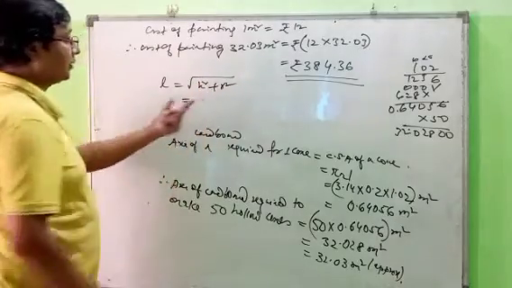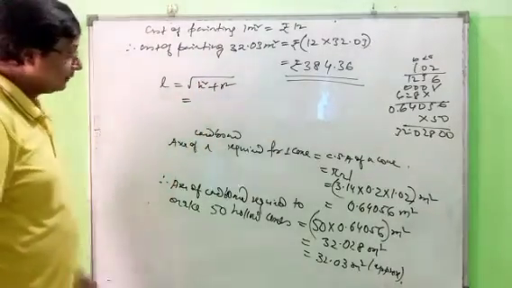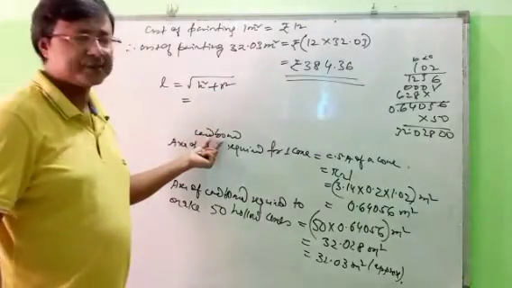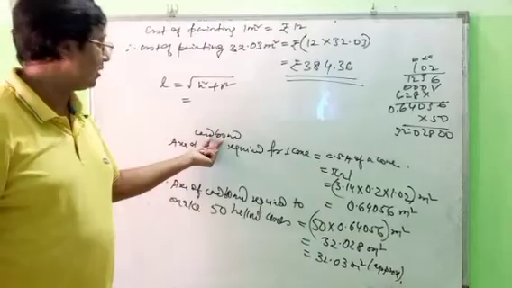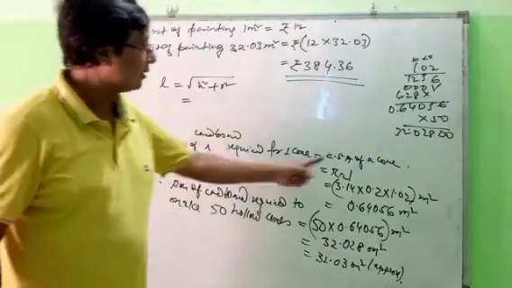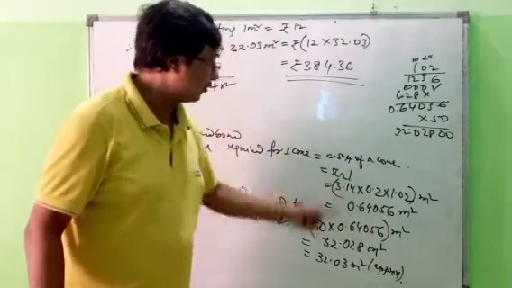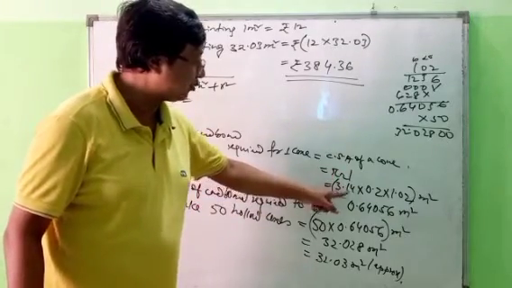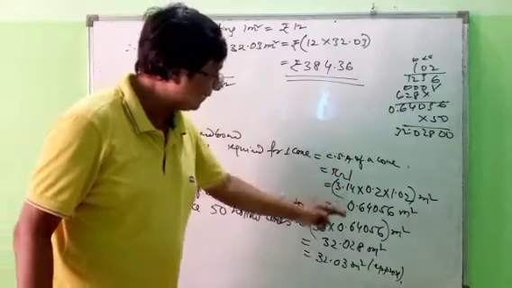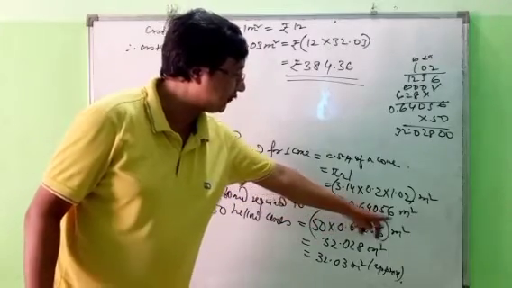Then since the cardboard is going to be used only on the lateral surface, you found the curved surface area of a cone, which is given by pi r L, and pi is given as 3.14. By simplifying, you got 0.64056.